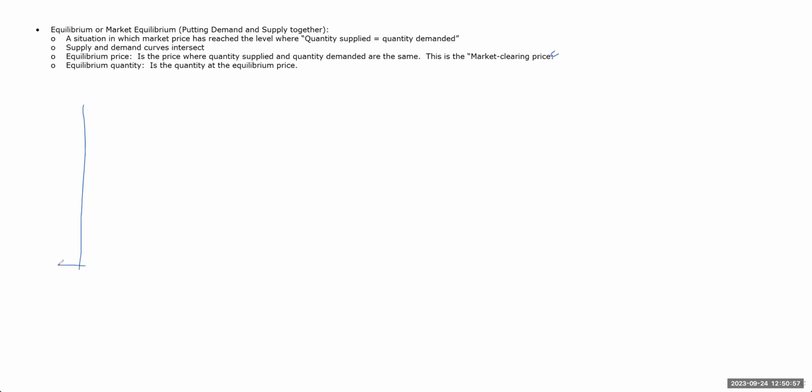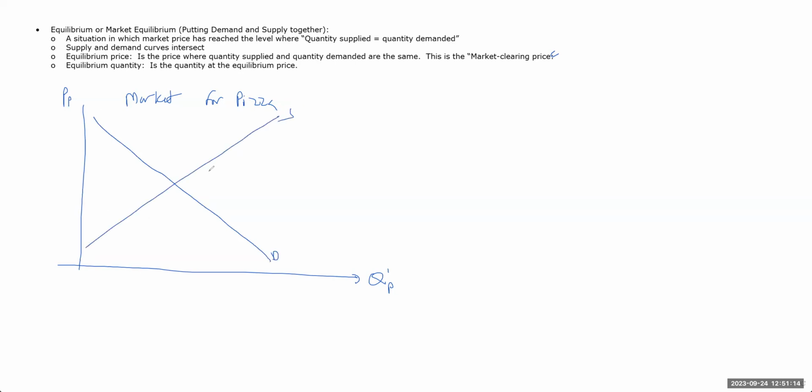All right, so let's draw this. It's quantity of pizza, price of pizza. This is the market for pizza, or pizza market. This is the demand curve. This is the supply curve. Where they hit right here, this is equilibrium. EQ for equilibrium.